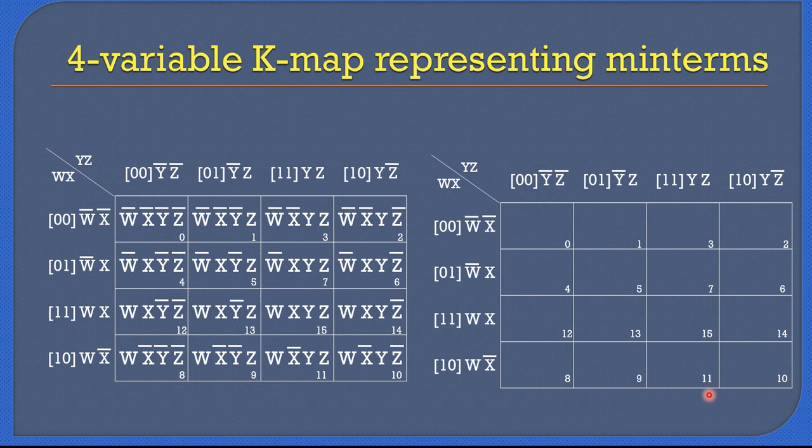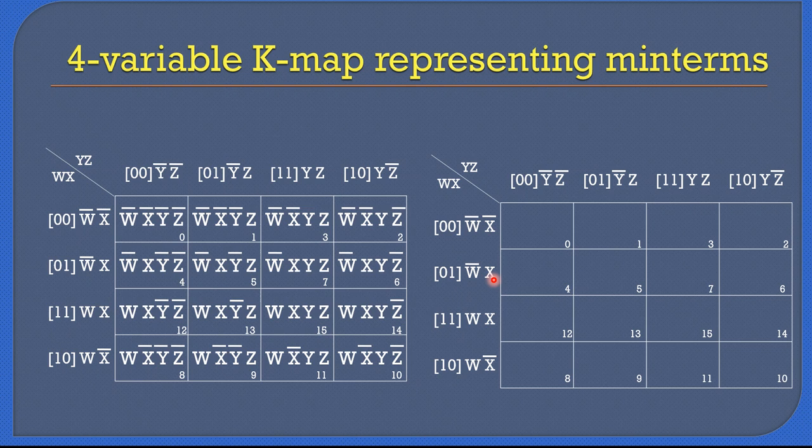One more basic thing is, from the first row to the second row, you can see 0 0, and the next one is 0 1. That means one variable changes its state. Here you can see w' x'. In the second row it is w' again, the same, but x has changed state from x' to x.